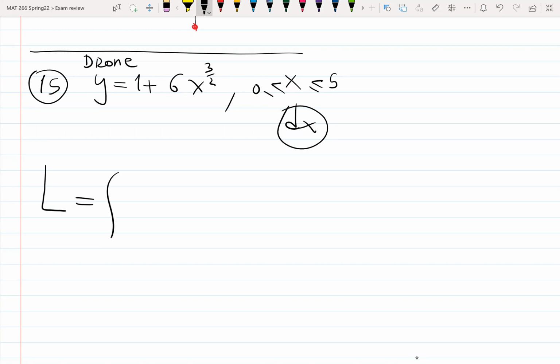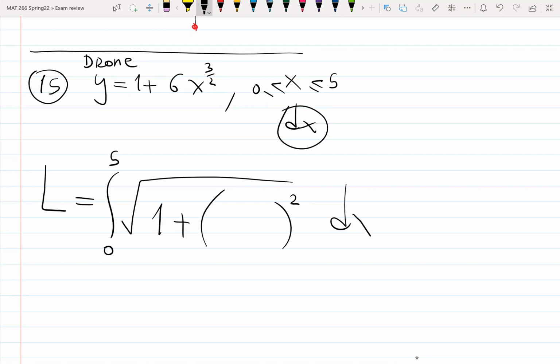It will be the integral from 0 to 5, nothing new here, a huge square root of 1 plus the derivative squared, dx. Your job is just to figure out the derivative. y prime is 0 plus 6 times 3 halves x raised to the 1 half. If you don't take the derivative, it will be very hard to integrate this.